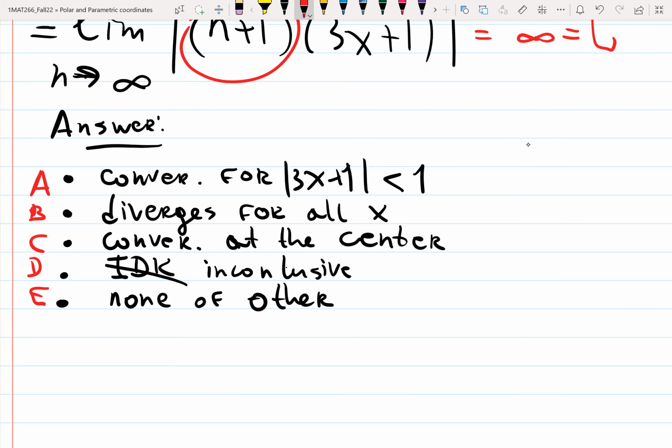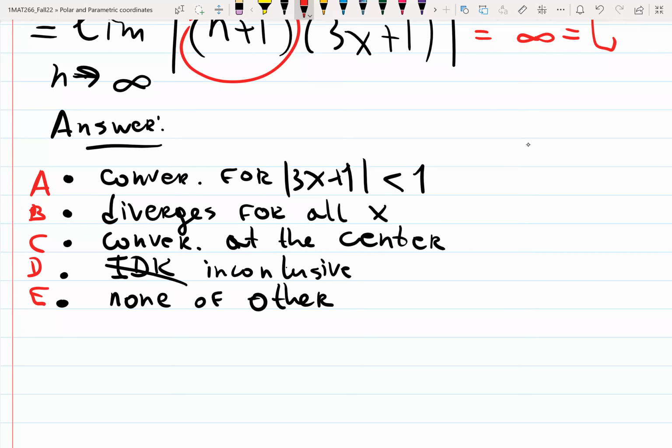Let me see the chat. So the chat says B, which is not correct. I have to upset everyone here. None of the others? No, so it's not A either, and it's not E, and it's not D. So there's only one left.